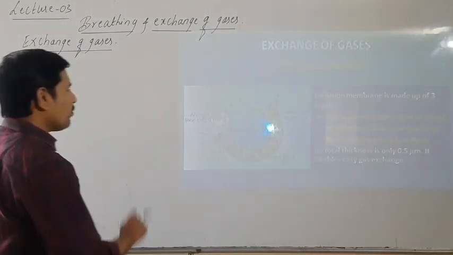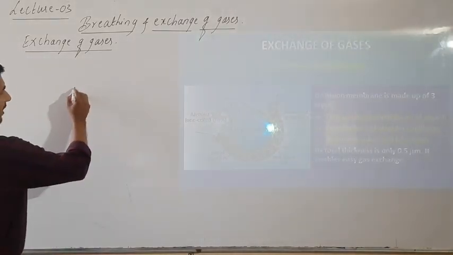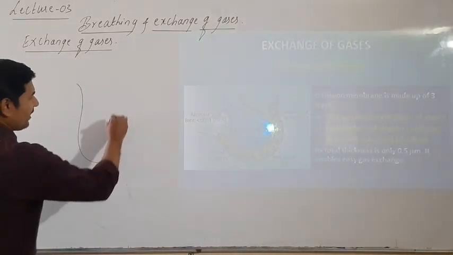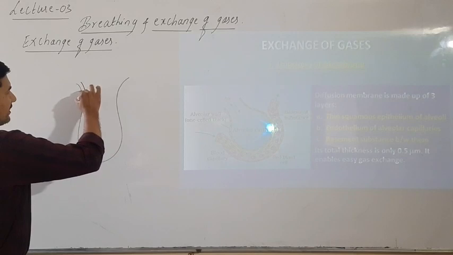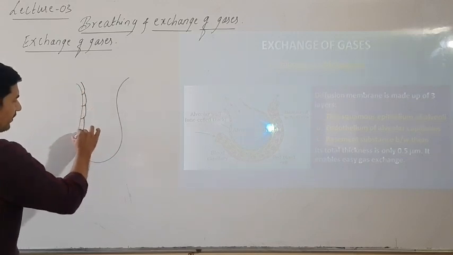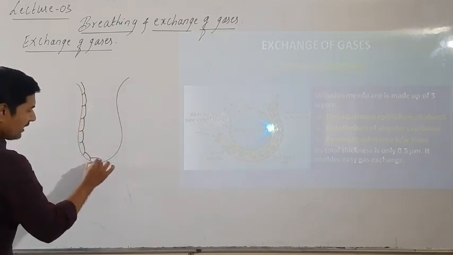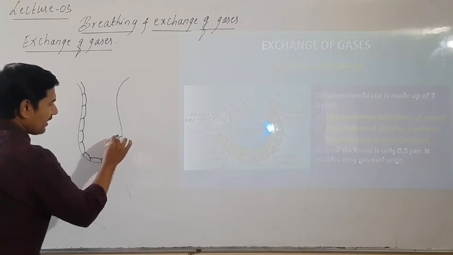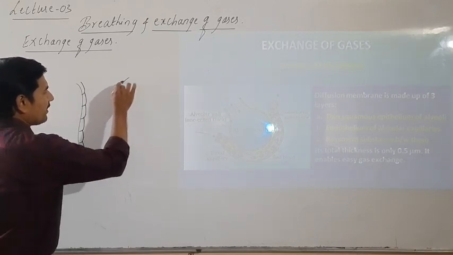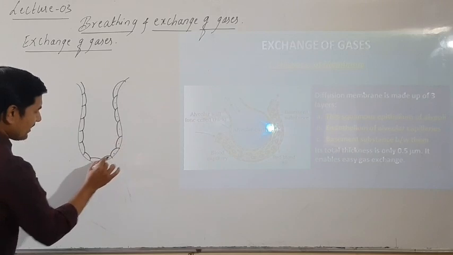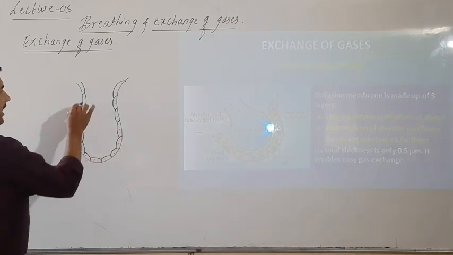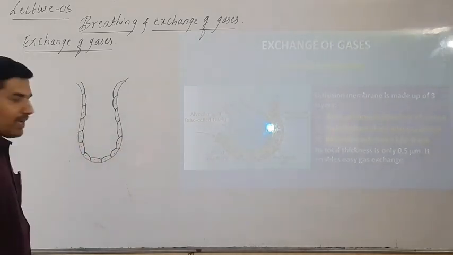Okay. Now if we look at the alveolar membrane, if this is the alveoli, it is lined by a thin membrane. This membrane is called a squamous epithelium.